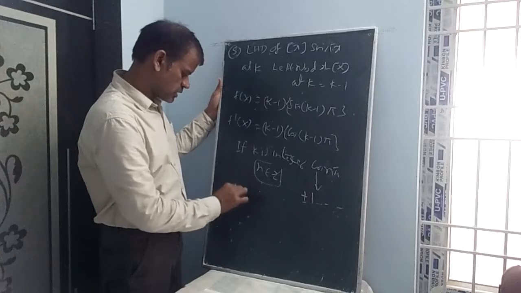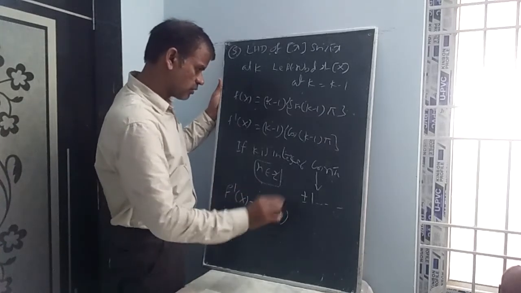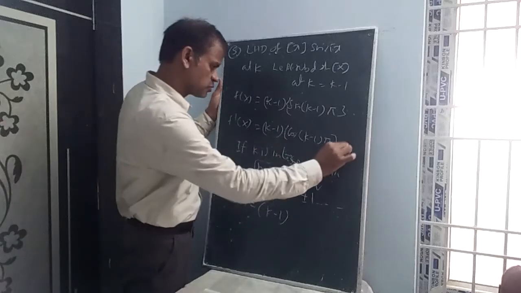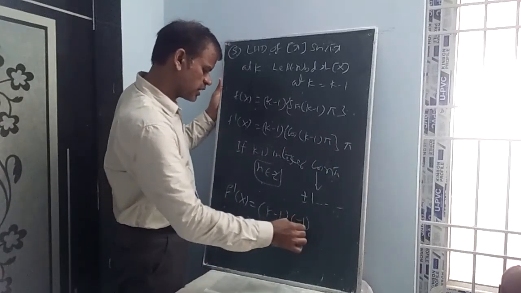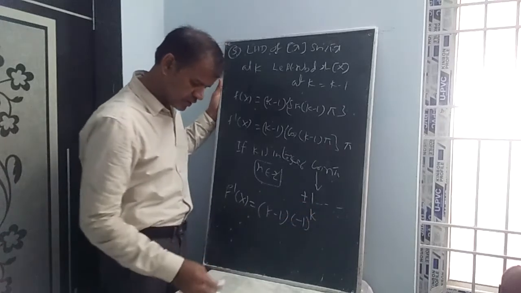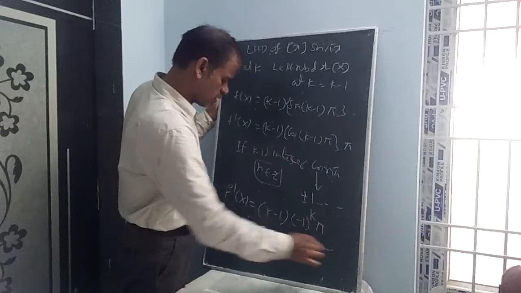So f dash of x you can write as k minus 1 into pi, into minus 1 whole power k or minus 1 whole power n according to the option.